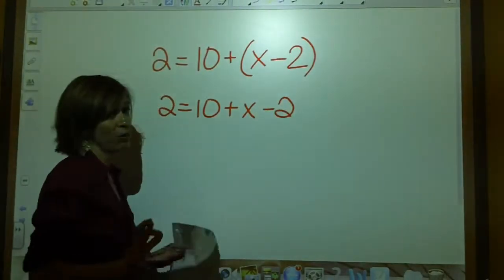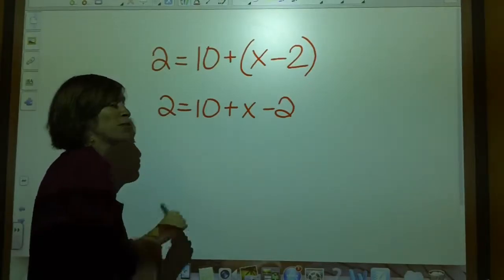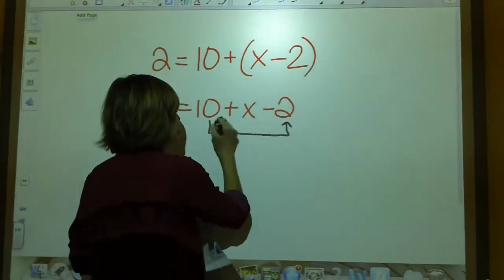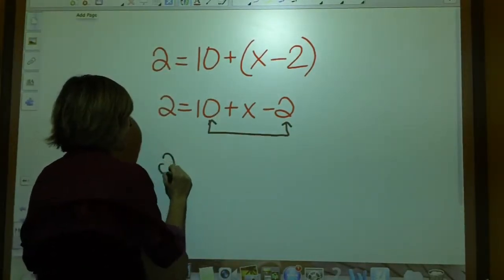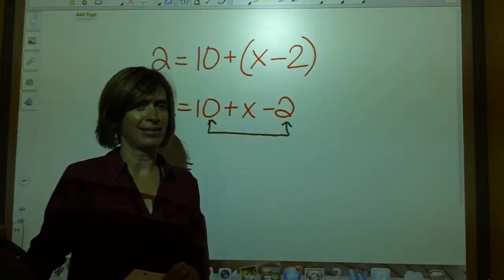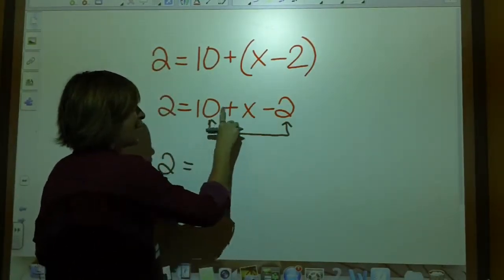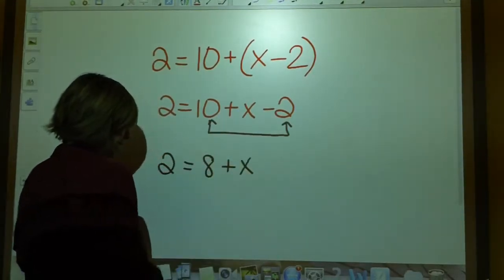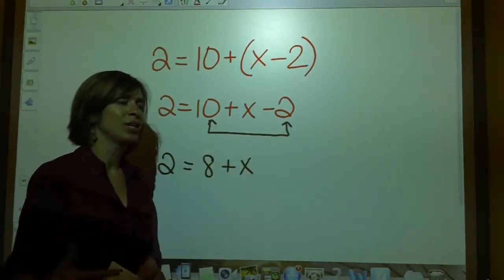Now if it were negative, that would be different. Before you balance, you actually have to combine like terms on this side. Combining like terms is not balancing, it's combining. So we have 10 minus 2, which is going to give me 8. So 8 plus x. Now I'm ready to balance the equation.